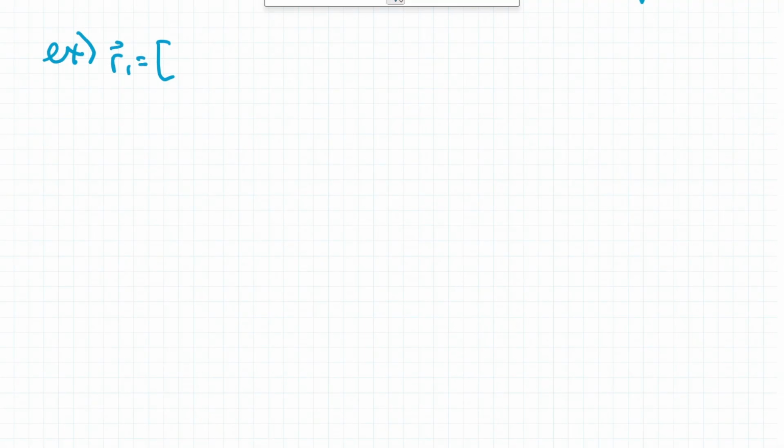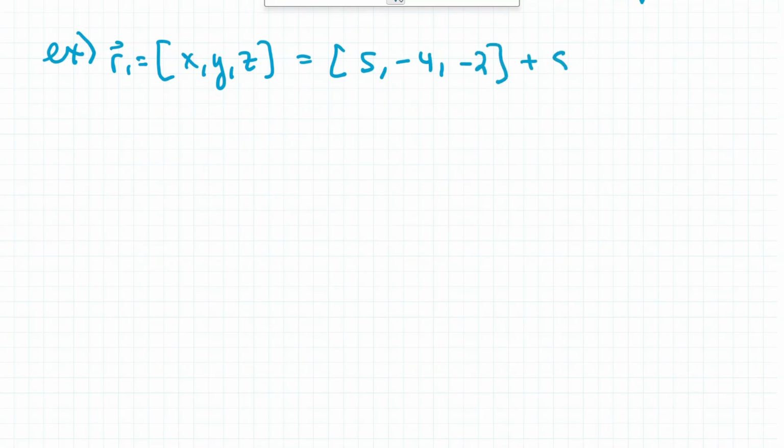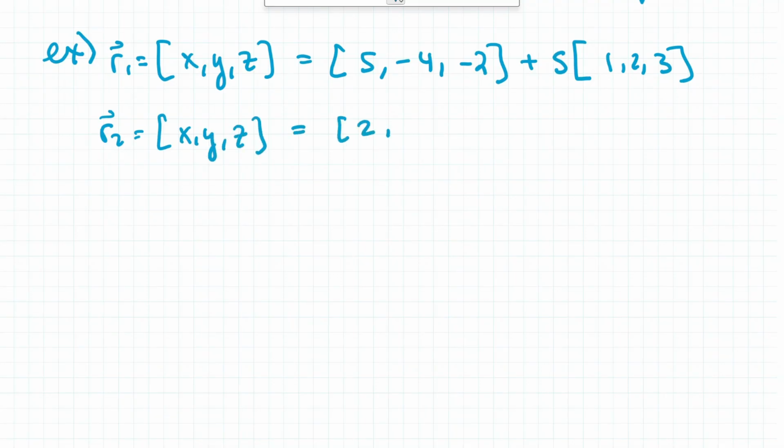R1, which is, remember, (x, y, z), 3 independent variables, equals (5, -4, -2) plus s(1, 2, 3). And our second line, R2, is (x, y, z) equals (2, 0, 1) plus t(2, -1, -1). Okay, so we're going to go through a bit of a process.